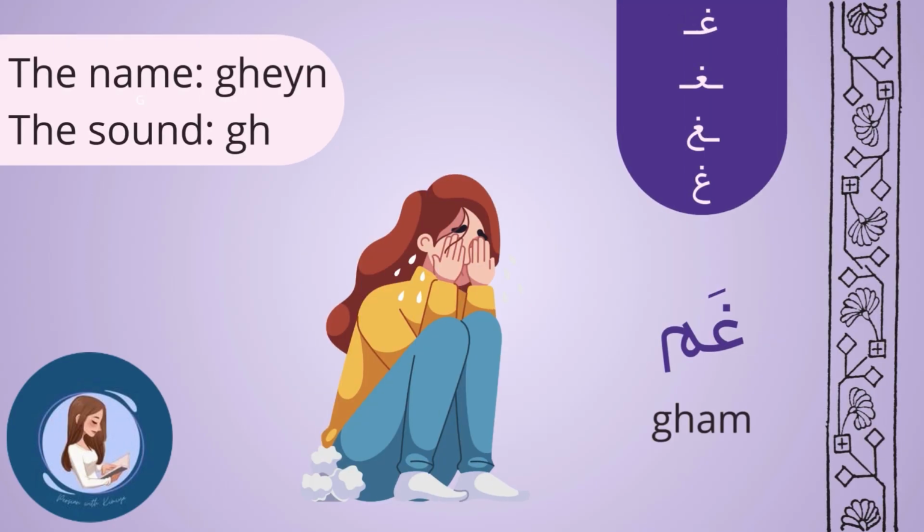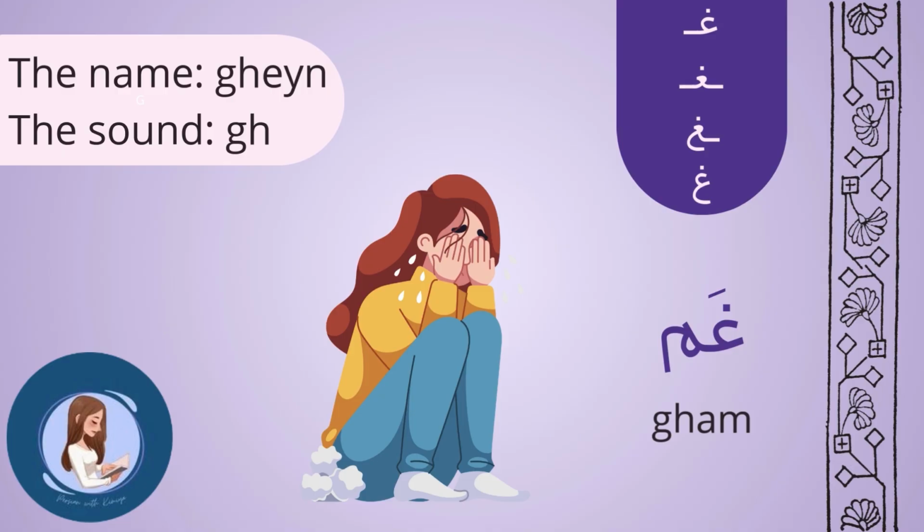Okay, and look at this one. This one looks the same as the last one, but it has one dot on the top of it. And it can be written in four different ways: the initial, the middle, and if it's connected and at the end, and if it's not connected and at the end.